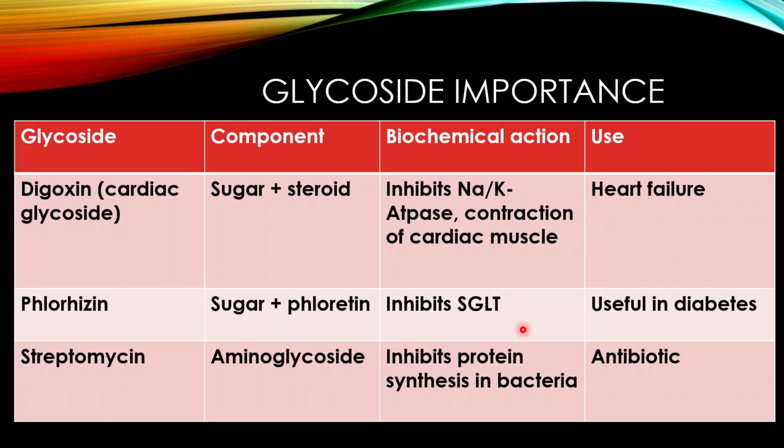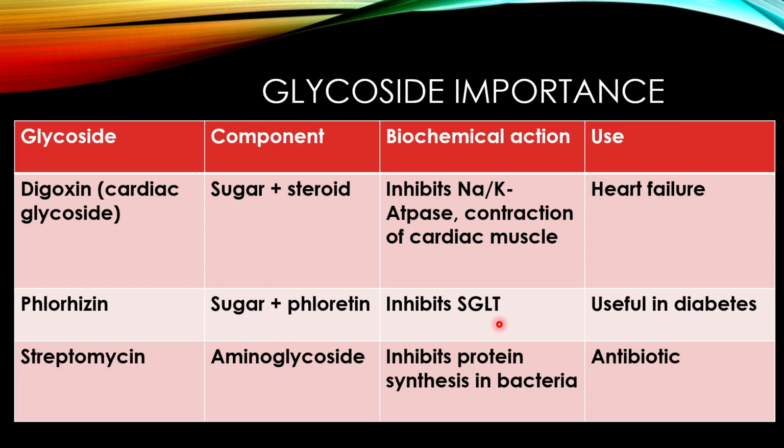Okay, sodium glucose linked transporters are basically transporters in which sodium and glucose are absorbed together. These SGLT transporters are located in the intestine, where sodium and glucose are absorbed together after taking food, and they are also located in the kidneys, where again sodium and glucose are reabsorbed from the glomerular filtrate.